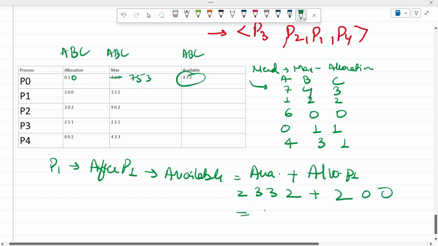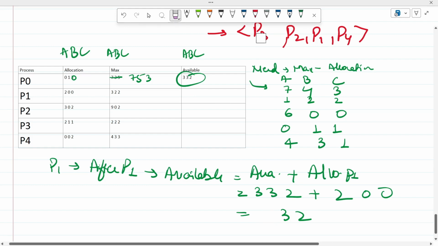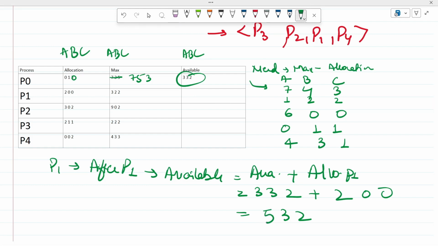Now the available resource is 632. Okay, 532, not 632, 532. So after P1, the available resource is 532 and P1 is completed.